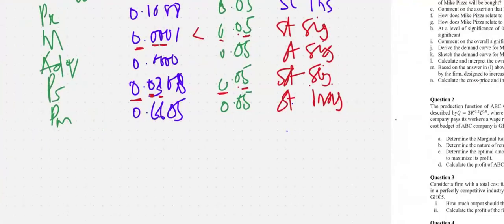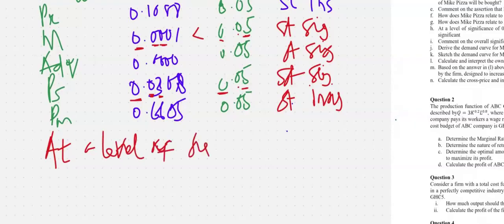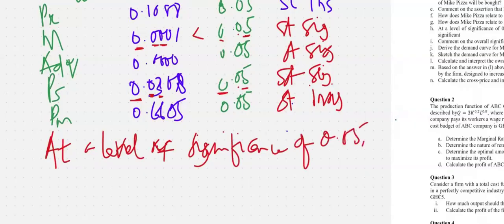So we say that at a level of significance of 0.05, which of the variables are statistically significant?